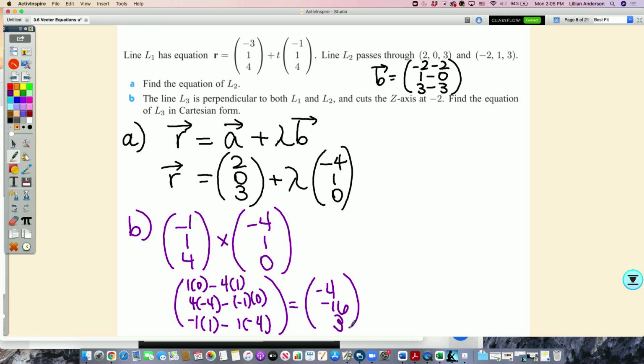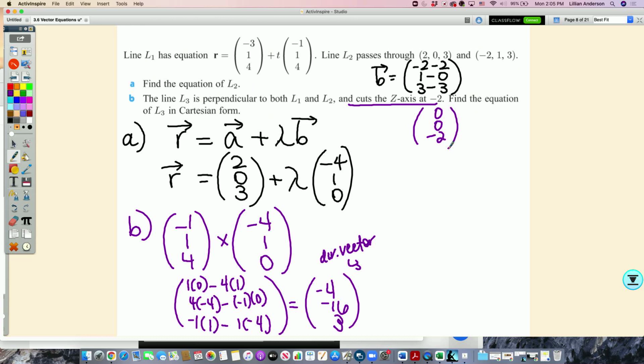So now that we have this, this is our direction vector for L3. And it says that L3 cuts the z-axis at -2. They're giving you your fixed point directly. How would I represent that point when it crosses the z-axis at -2? 0, 0, -2. Very good. So now I have my A vector and my B vector, and I can write my equation.